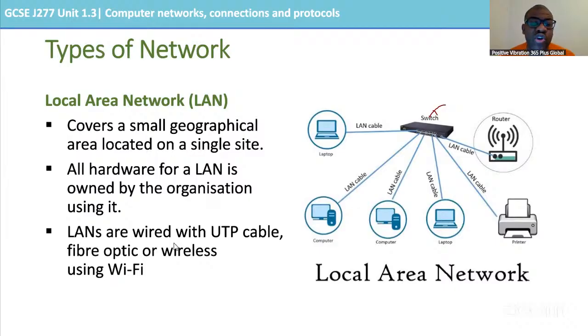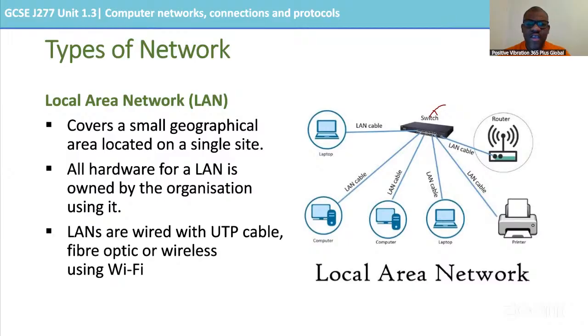Or they could give me a scenario and say the school owns all of the devices, what kind of network is it. So you want to make sure that these solid 3 points register right up in your brain and you understand them clearly.